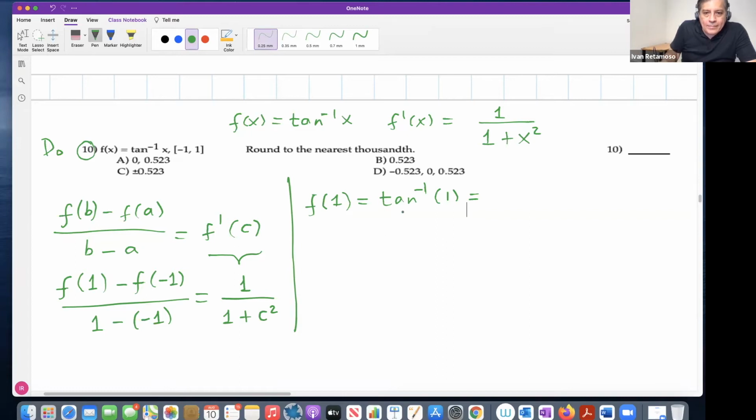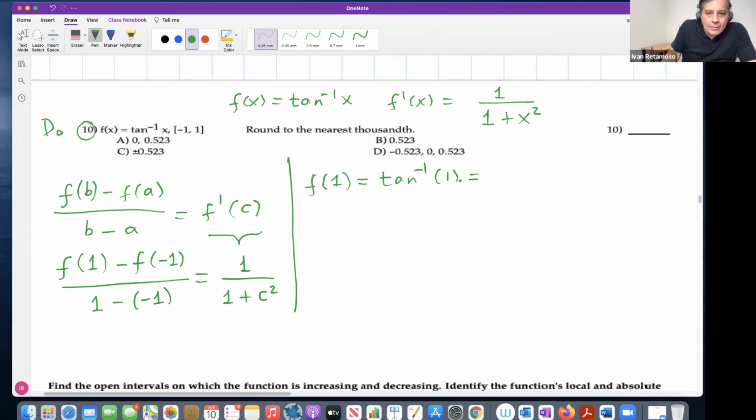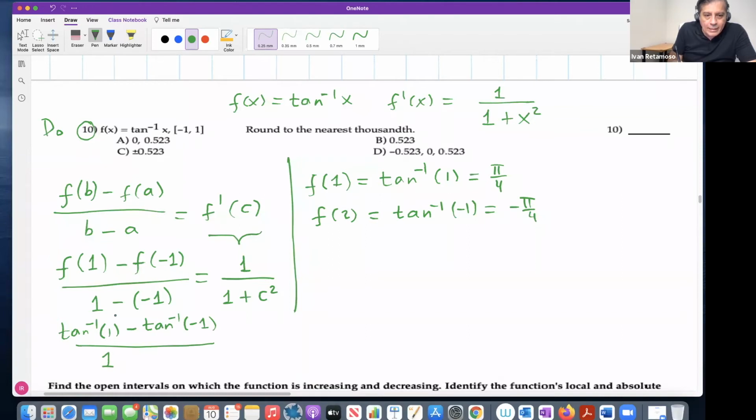This guy is tangent inverse of 1, which we know is pi over 4, 45 degrees, because the tangent of 45 degrees is 1. And this is minus pi over 4. But let the calculator do this whole thing: tangent inverse of 1 minus tangent inverse of -1. In the bottom, 1 minus minus 1, 1 plus 1 is 2.